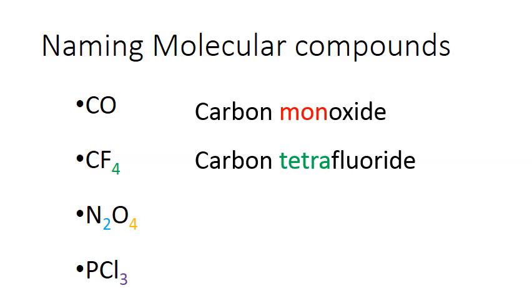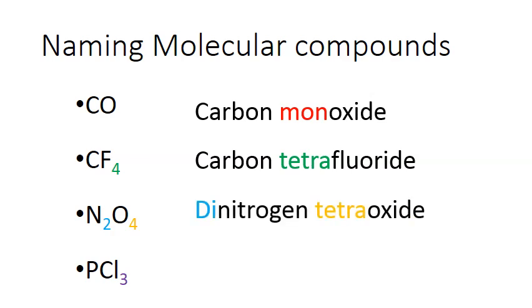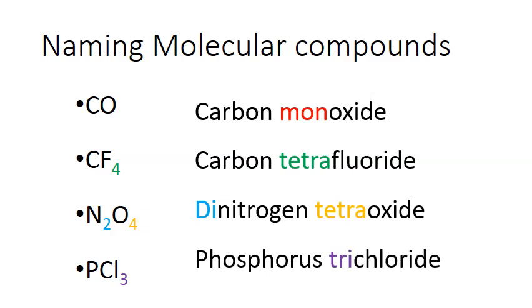Then we have 2 nitrogen and 4 oxygen. So 2 is di and 4 is tetra. So we end up with dinitrogen tetraoxide. And then our last example here, we have 1 phosphorus and 3 chlorine. And that ends up being phosphorus trichloride.